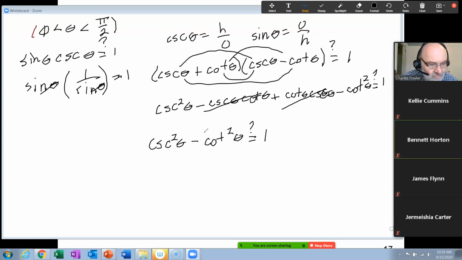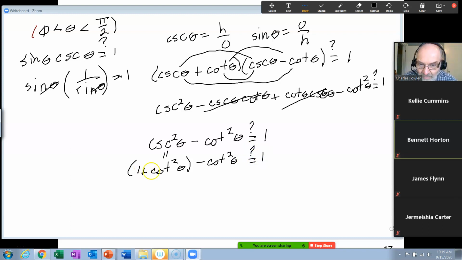That says cosecant squared is, and let's write it in here, 1 plus cotangent squared theta. That is what cosecant squared theta is. There's your Pythagorean identity. Then you have here a minus cotangent squared. And then the question, is that equal to 1?